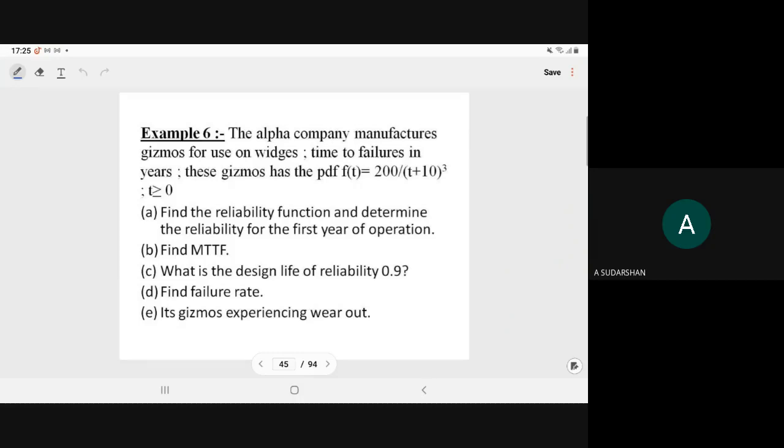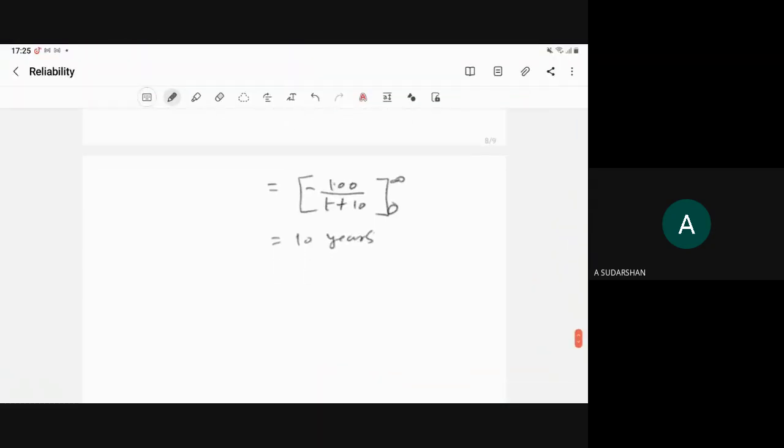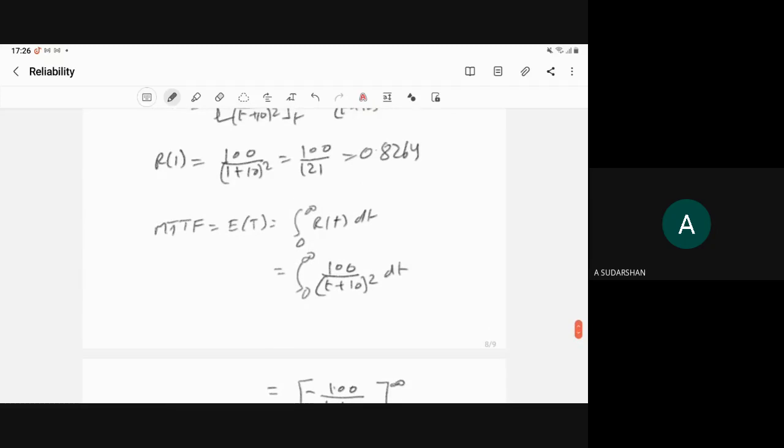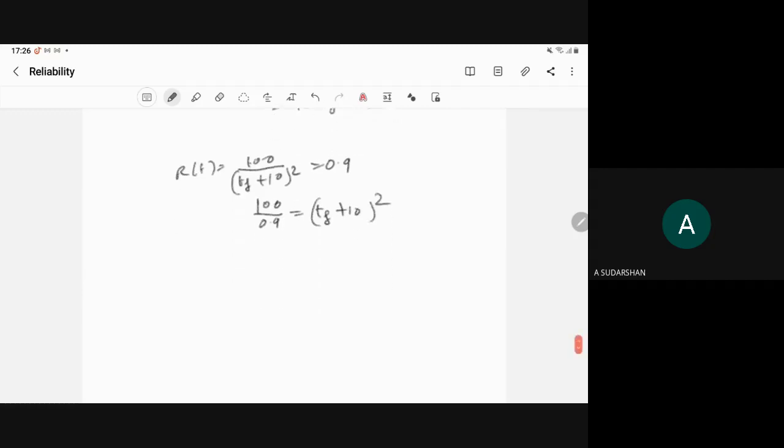Then, what is the design life if the reliability is 0.9? We know that R(t) is equal to 100 upon (t plus 10) whole square. So 100 upon (TF plus 10) whole square, where you assume the design life is TF, is given as 0.9. So this will be 100 upon 0.9 equal to (TF plus 10) whole square.